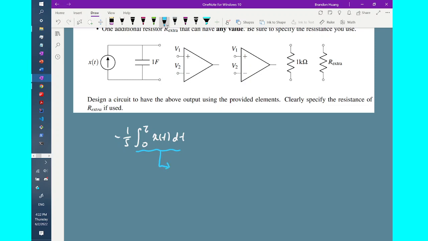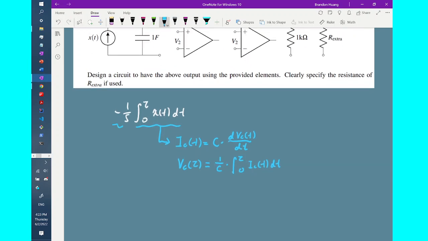So, for example, the current across a capacitor is equal to the capacitance of that capacitor times the voltage across that capacitor's rate of change with respect to time. Which means the voltage across that capacitor can be modeled as an integral that is equal to 1 over C times the integral from 0 to the time that has passed, which I will note as tau here, and then times IC of t dt.